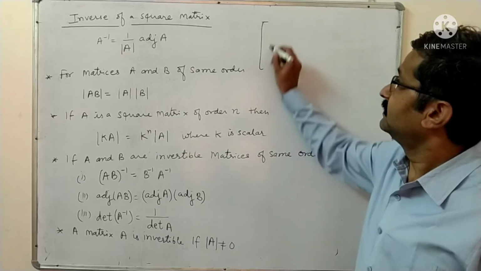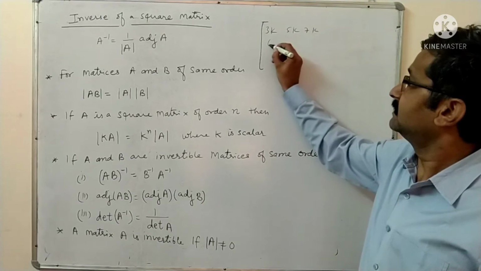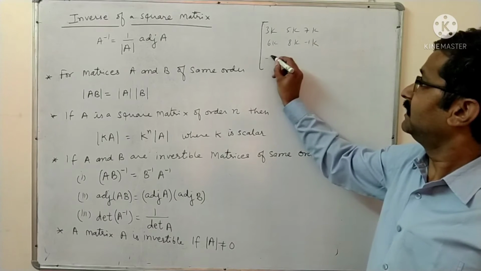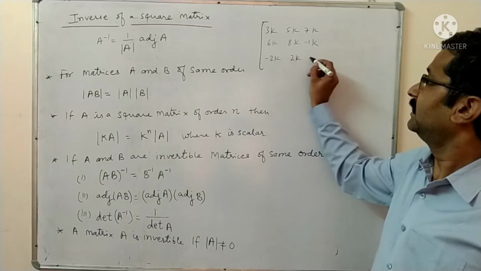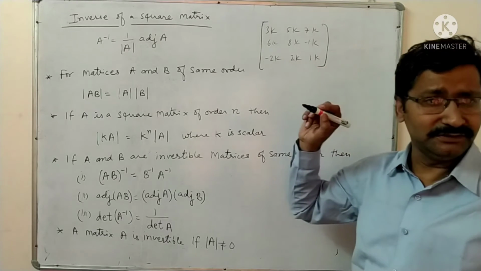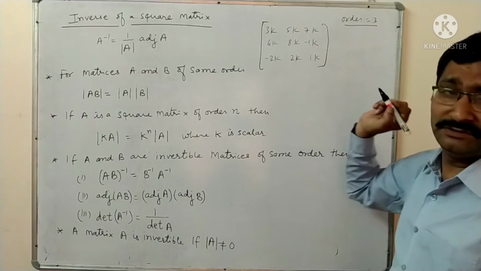3K 5K 7K 6K 8K -1K -2K 2K and 1K. This is the matrix we have. Its order is 3 into 3. Order is 3, or you can write 3 into 3.